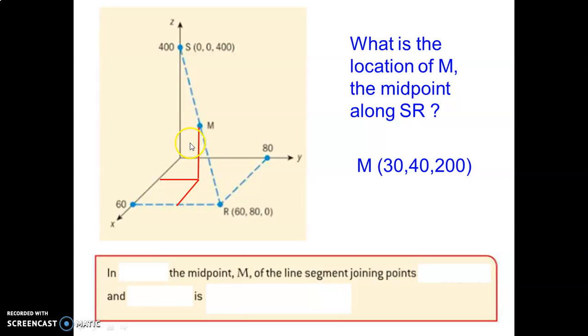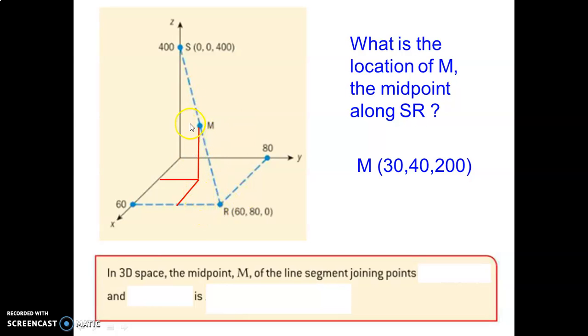Halfway here is halfway along the x-axis, 30. Here is halfway along the y-axis, which has a maximum of 80 here, so we went 40. And then from there we went up along the z-axis to get to here, and that is half of the 400, which is 200.